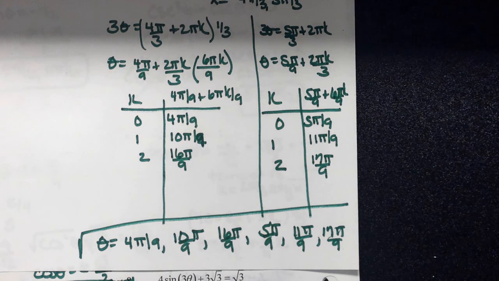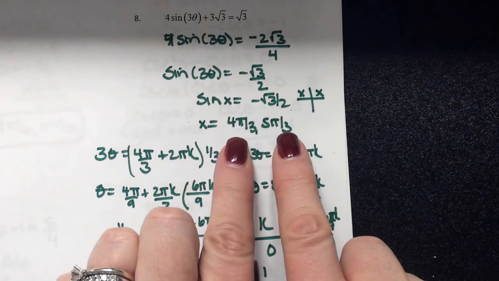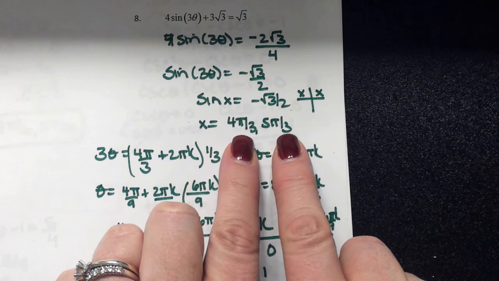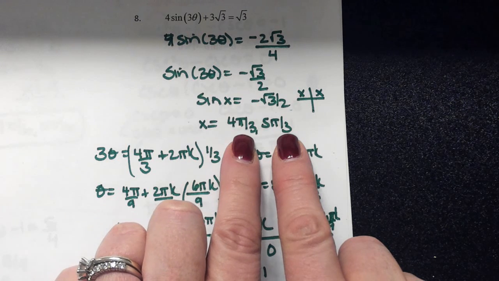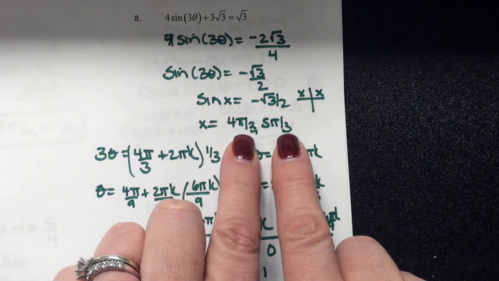So are we good on those questions? All right. So guys, you have to be really careful. I can't emphasize this enough for the test on Friday. As you can see, if you mess up going back to the unit circle, if you pick the wrong angles in the very beginning, the whole thing is wrong. In other words, you're not going to come up with the correct solutions.